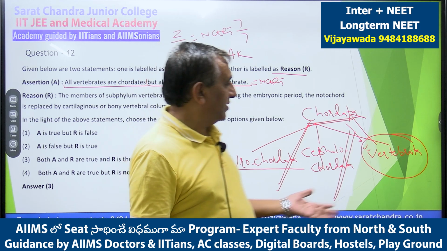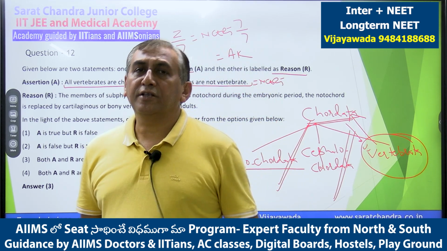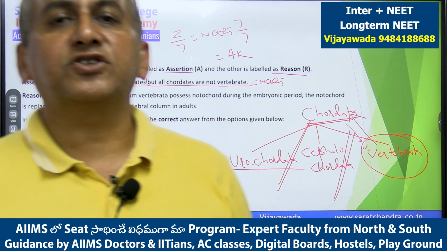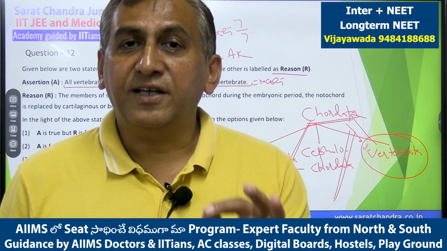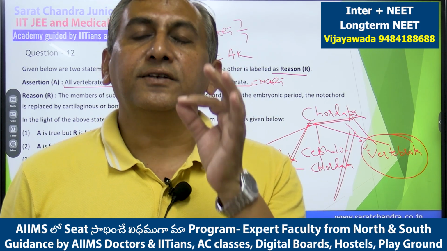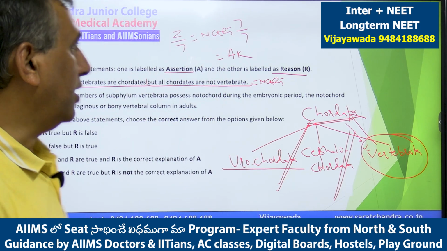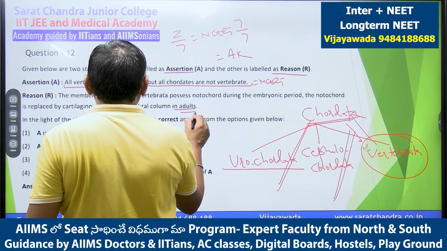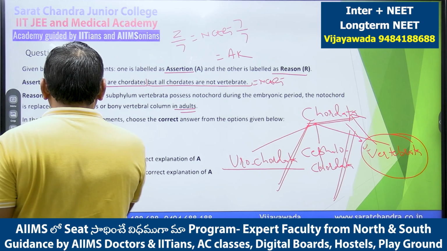I said in class so many times, because in these animals the notochord, a rod-like structure derived from mesoderm, is present during the embryonic stage. In adults, it is replaced by either a cartilaginous or bony vertebral column. So both statements are correct and the explanation is also correct.